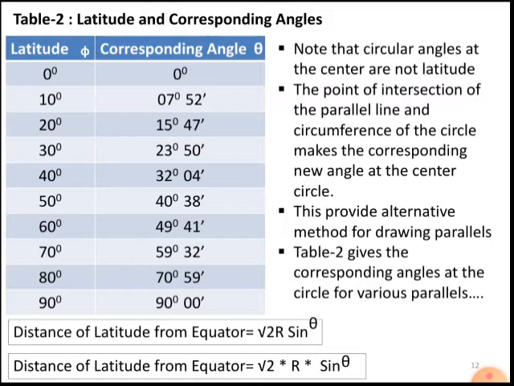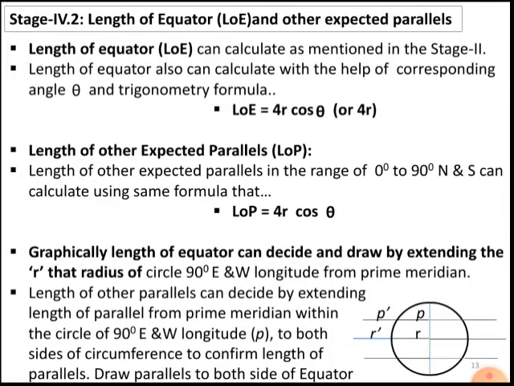In this way you can find the expected distances of latitudes, and you can mark them on the vertical line, that is the prime meridian, to draw the parallels. But to draw the parallels you must know the total length of that parallel, right?